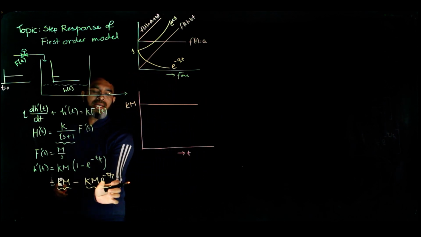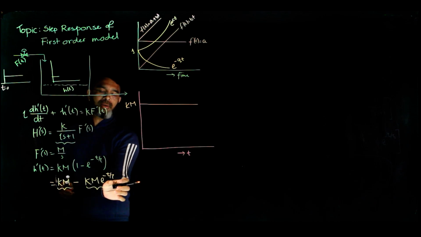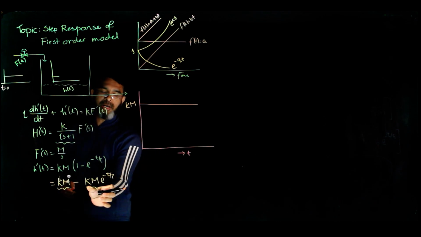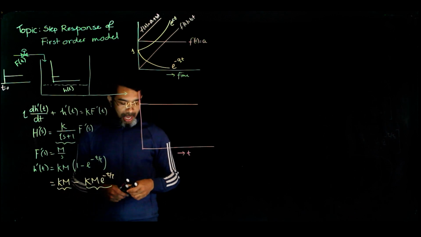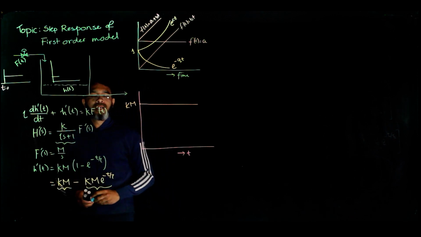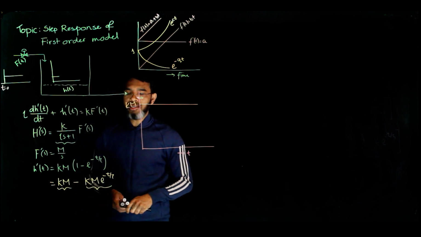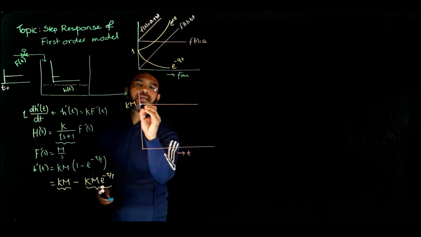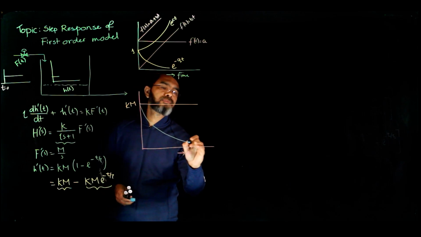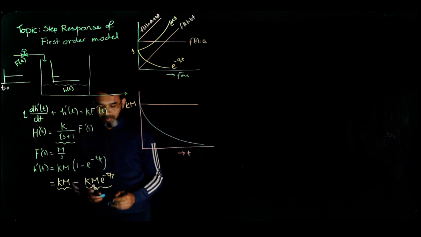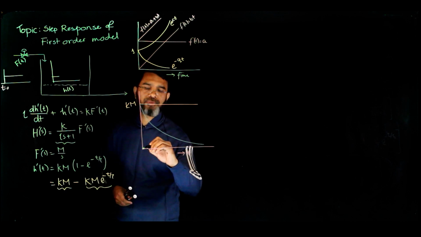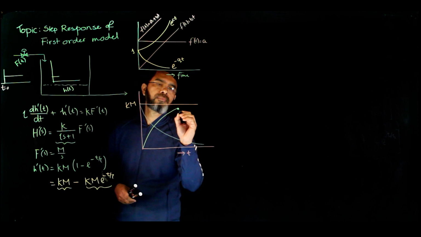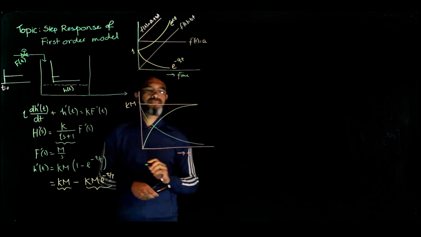For this part, you see for t equals 0, this part becomes 1. So for t equals 0, this part becomes KM, so the function will start here. And it's an exponentially decaying function, so we'll have something like this shape. We subtract this one from this one, and we end up getting a function of this form, like this.